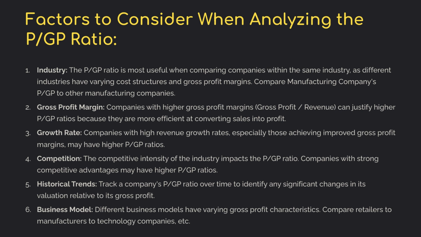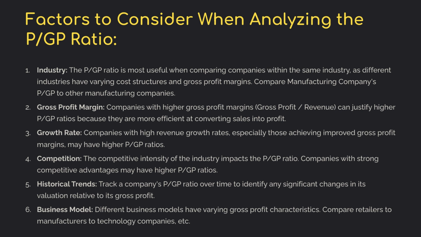Growth rate: companies with high revenue growth rates, especially those achieving improved gross profit margins, may have higher PGP ratios. Competition: the competitive intensity of the industry impacts the PGP ratio. Companies with strong competitive advantages may have higher PGP ratios.